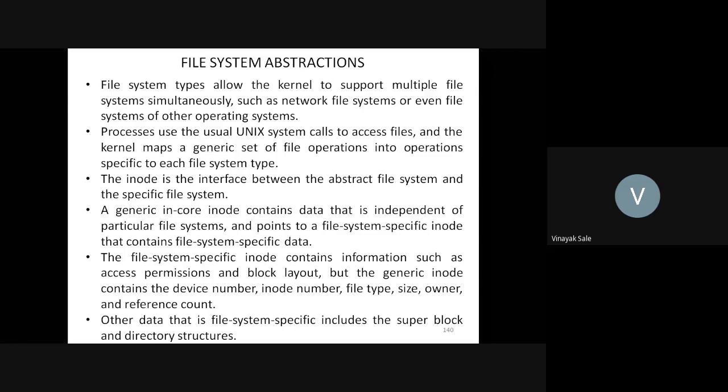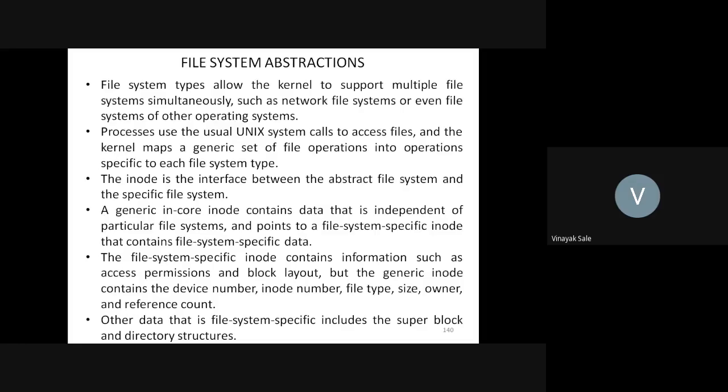The inode is the interface between the abstract file system and the specific file system. A generic in-core inode contains data that is independent of a particular file system but points to a file system specific inode that contains file system specific data.